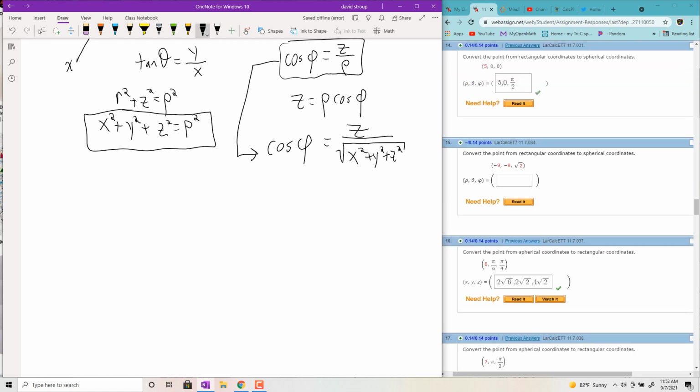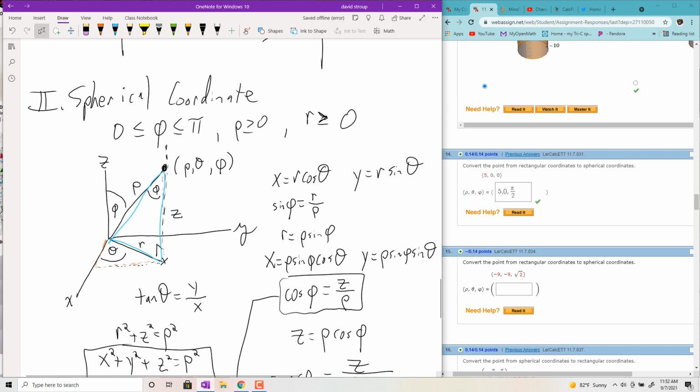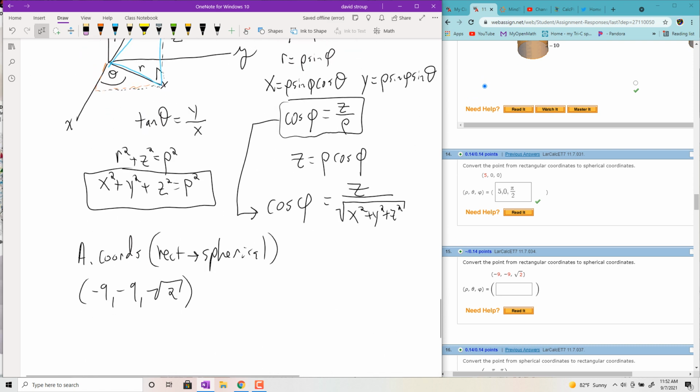So here we go. The first one, converting from rectangular to spherical. They're giving me the point -9, -9, root 2. Keep in mind all the restrictions on your variables.